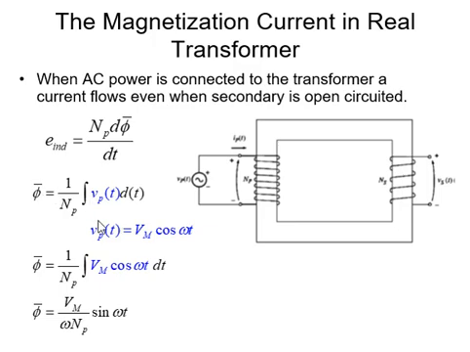But we know that Vp(t) is equal to constant Vm into cos omega t.